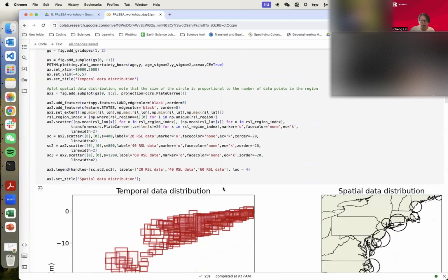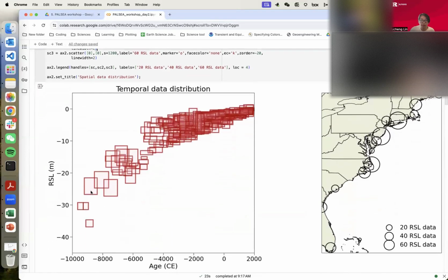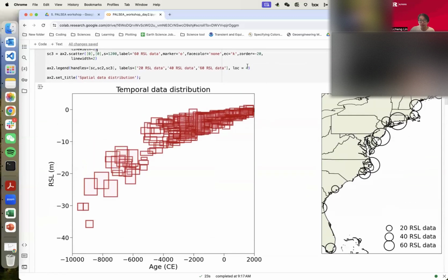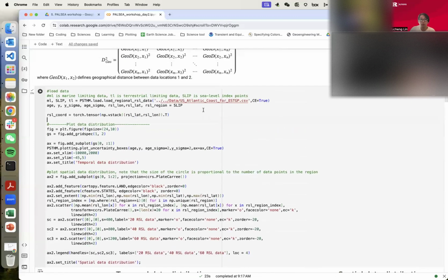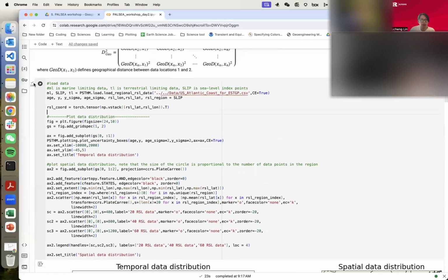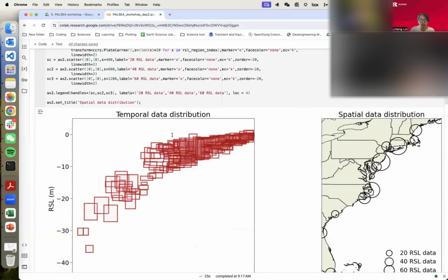Here we are using a data set from North America, the US Atlantic coast, and you can see the spatial distribution of these data points. Basically, we are moving from Florida to the north of Maine. You can run the code along with me, though some code is running pretty slow now.